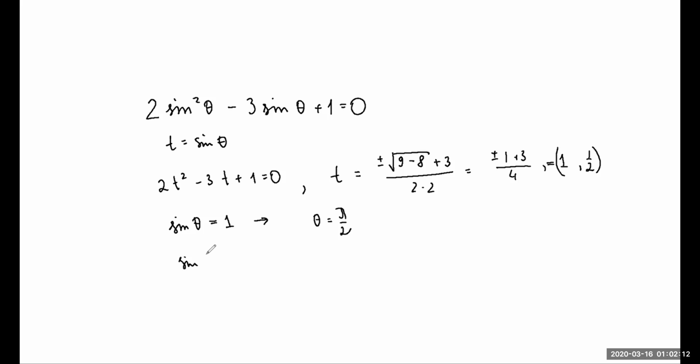How about sine of theta equals 1/2? Well, we already solved this, right? It was example number 2. There are two possible thetas. First theta equals pi over 6, and second one 5 pi over 6. So how many solutions do we have in total? We have 3 solutions: pi over 6, 5 pi over 6, and pi over 2.